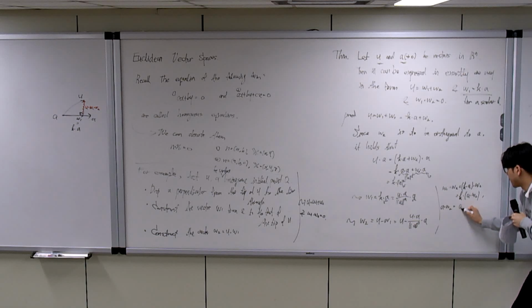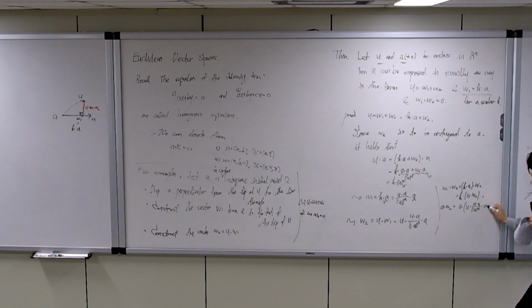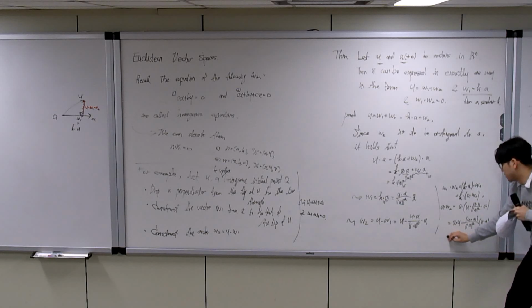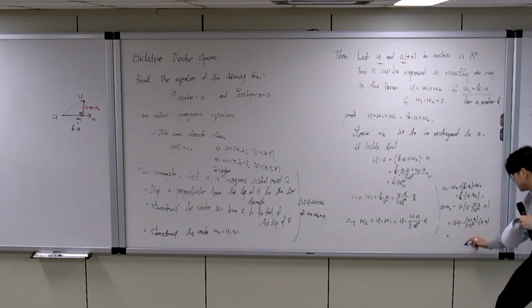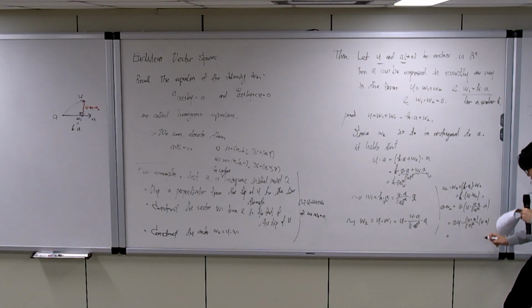By calculating u dot a over the squared norm of a, times a, it is u dot a minus u dot a, I misnoted.